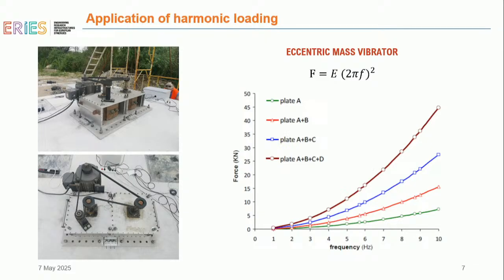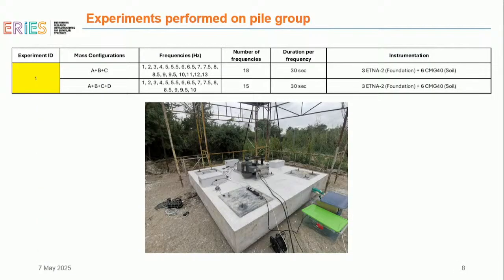The forces that we can exert on the structure are within the frequency range of 0 to 10 hertz, and we can go up to 45 kilonewtons. So it's quite a big force. Now, first we tested just the foundation. This is the foundation slab, the pile cap foundation, which is fixed on the 4 piles. We placed the eccentric mass shaker at the foundation slab.